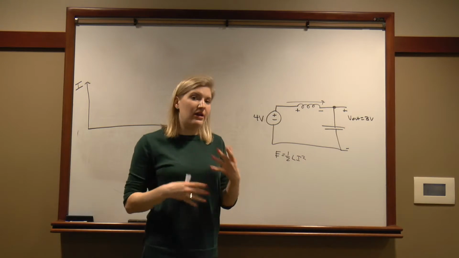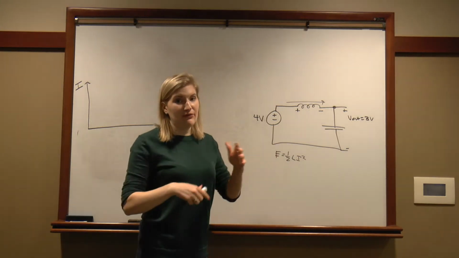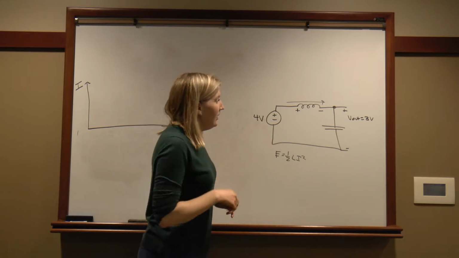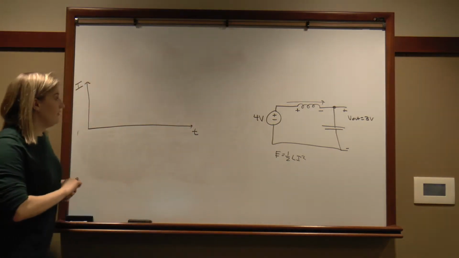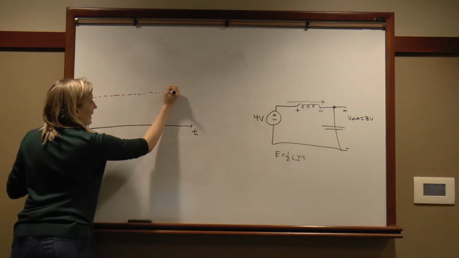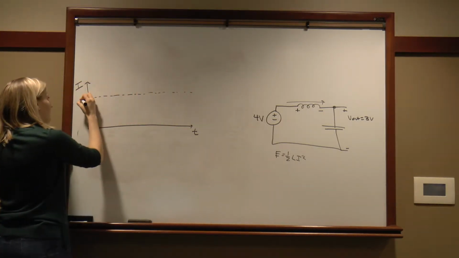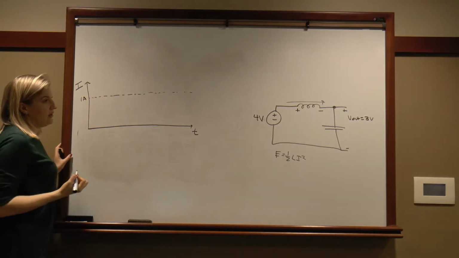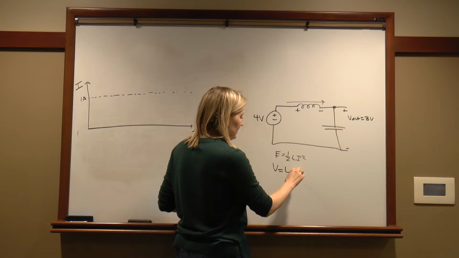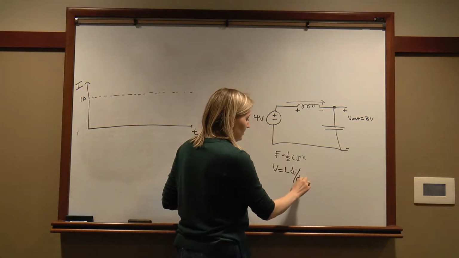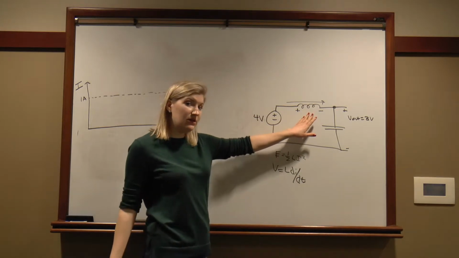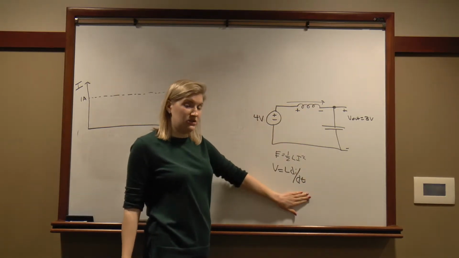And we'll talk later about what happens when these things are changing, but for now it'll simplify things if we assume steady state. So the inductor current, for reasons that I will explain in a future video, is going to be centered around I out. It's going to be centered around 1 amp. But according to the equation V equals L di/dt, if we have a voltage across the inductor, which in this case we do, we know that our current is changing.